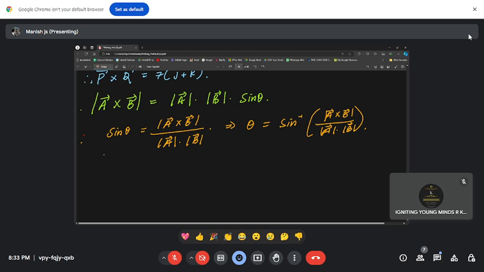You can also find the unit vector n cap here. That is also quite important in cross product: how to find a vector that is perpendicular to both given vectors.